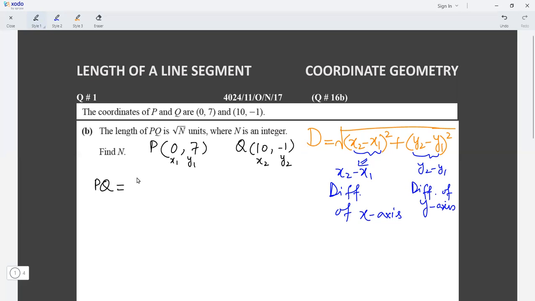So PQ equals square root of (x2 minus x1) whole squared plus (y2 minus y1) whole squared. Replace the values mentioned above.